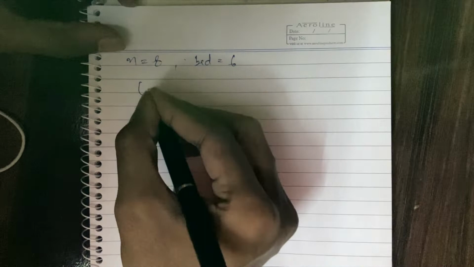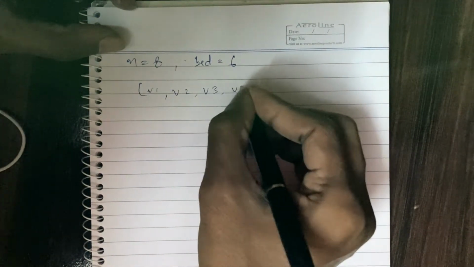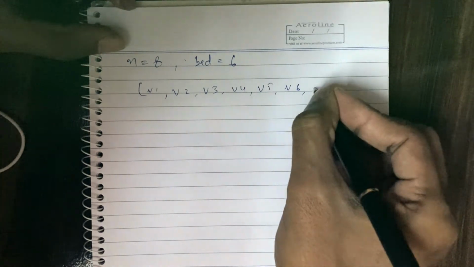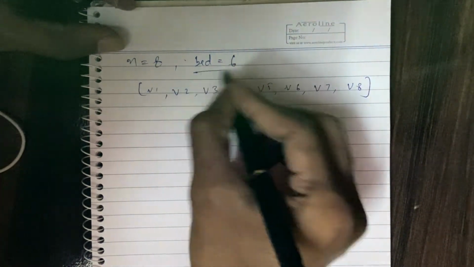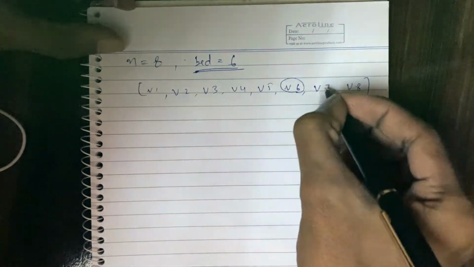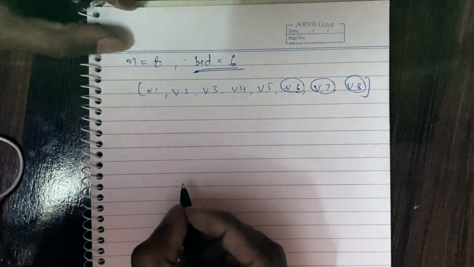So let's call them v1, v2, v3, v4, v5, v6, v7 and v8. My bad version starts from 6, so 6, 7 and 8 are my bad versions.